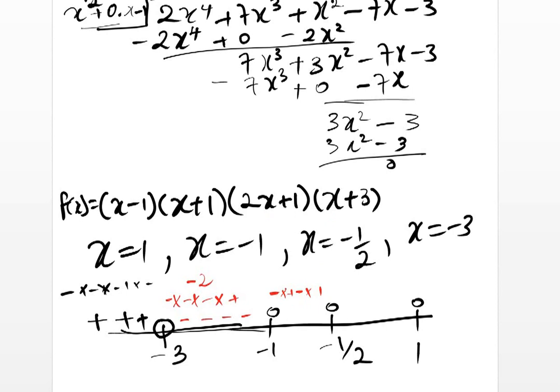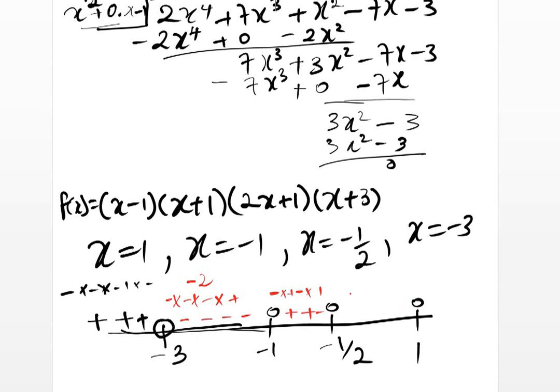So negative times positive is negative, and negative times negative gives positive. So that zone is positive.